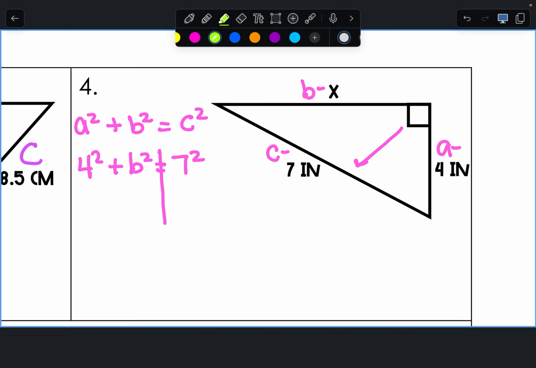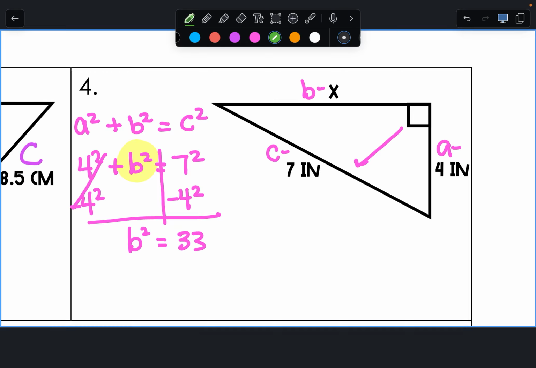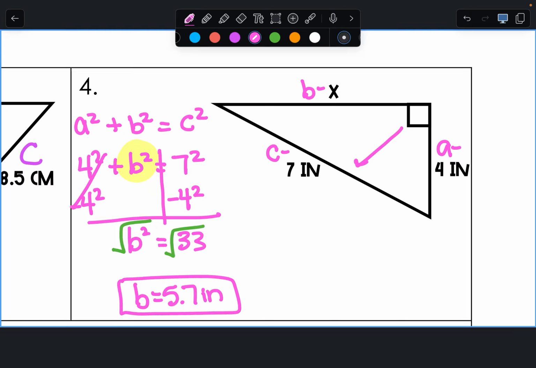Now to find that missing side, to find B squared, we subtract 4 squared. So you get B squared is equal to what? 33. And then the last step would be to take the square root. So B is equal to? 5.7. Yep. 5.7 inches.